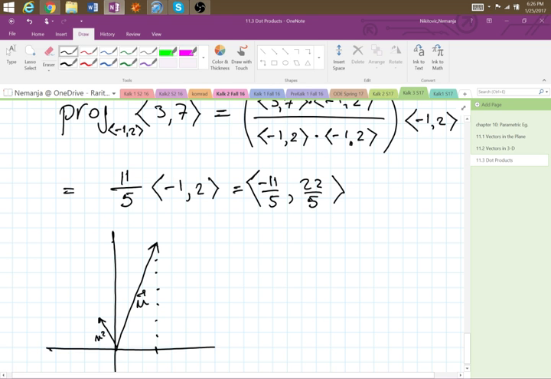It's vector v. I'm supposed to extend this one, so I'm going to use maybe blue. Extend this one forever, and then draw the perpendicular line. So there's 90 degrees over here. So this vector here is the projection vector.